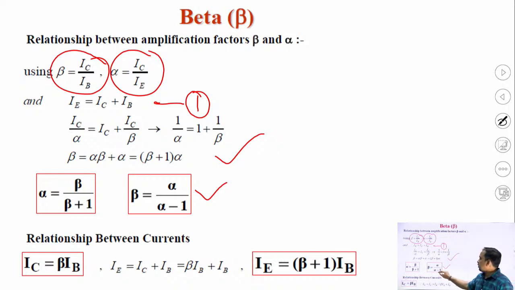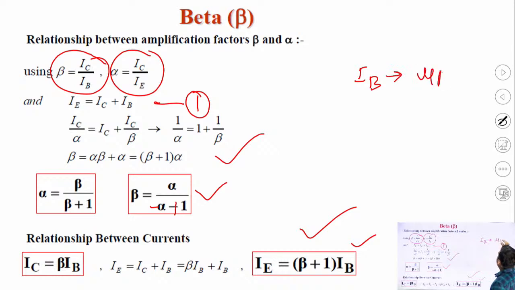Also beta equals alpha divided by 1 minus alpha. So we have the final equation which can be represented as IE equal to 1 plus beta times IB, where IB is very small. IB is generally of the order of microampere, whereas IC and IE both are of the order of milliampere.